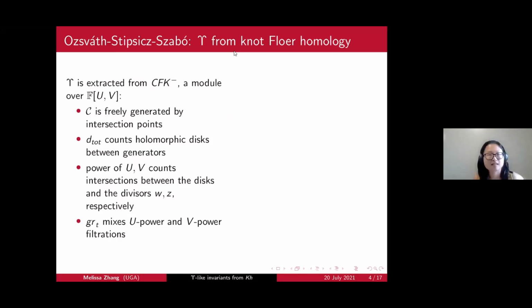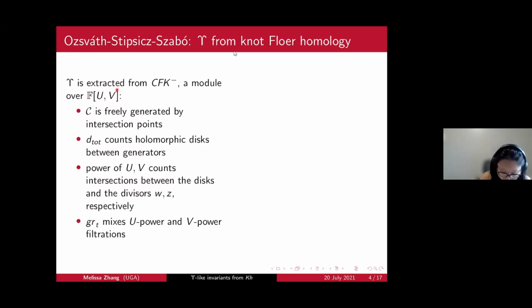CFK minus is a module over this 2-variable polynomial ring, but there is a symmetry between U and V. C, the underlying chains for the chain complex, is just freely generated over this ring by the intersection points between the two Lagrangians. The differential is going to count holomorphic disks between the generators.